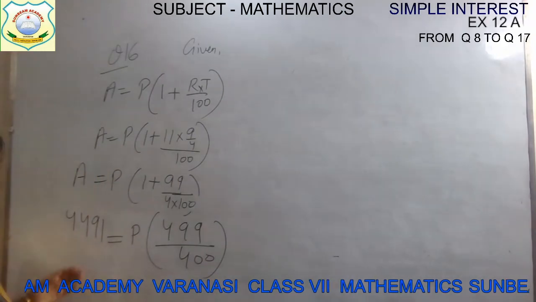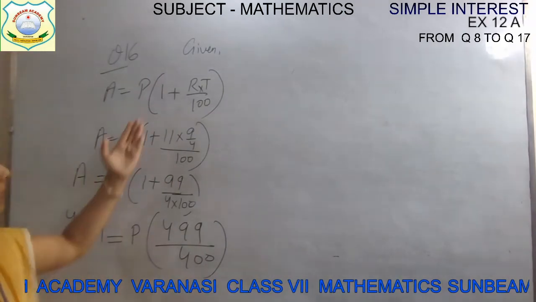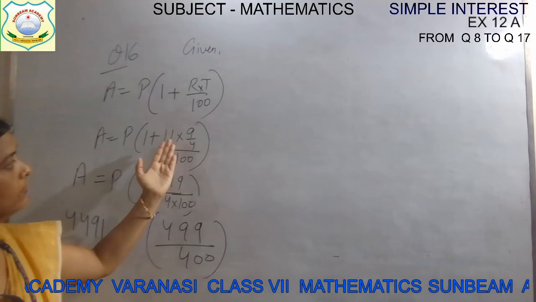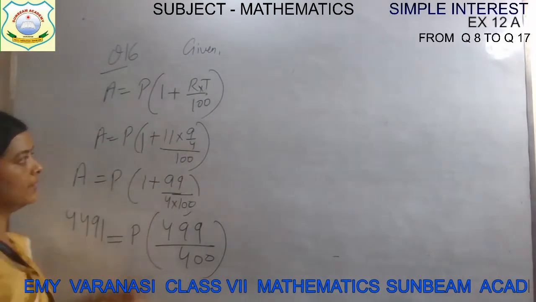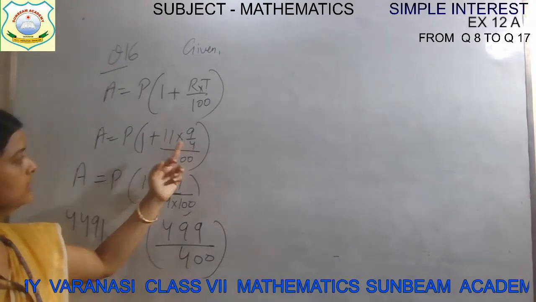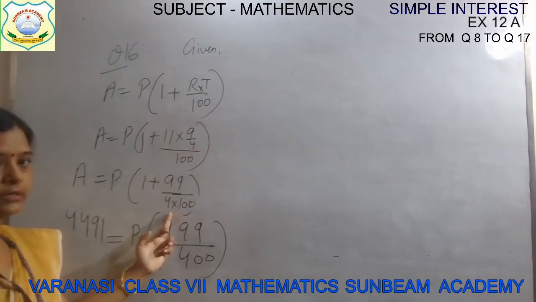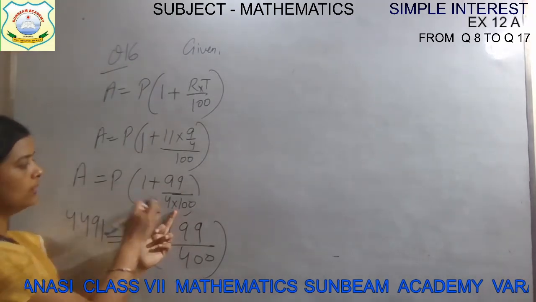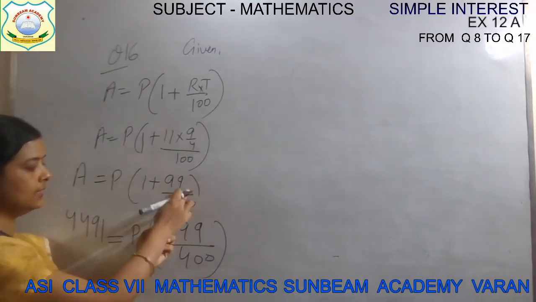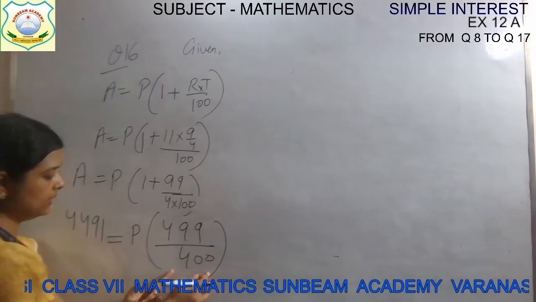In place of amount we have put the value of amount, 1 plus RT. This is 1 plus RT. R rate at this time, this 4 came down, it will multiply with 100. 99 upon 400. Now 400 ones are 400 plus 99, 499 by 400.